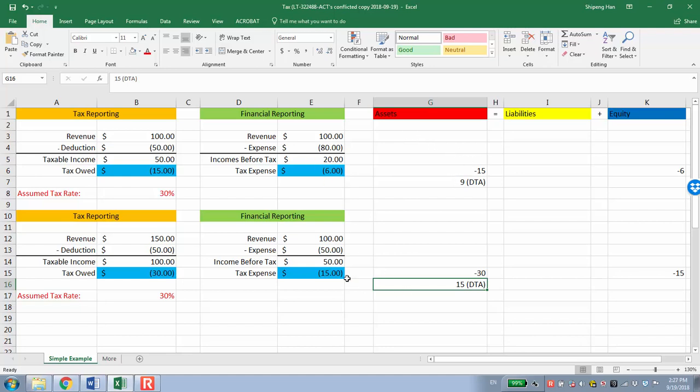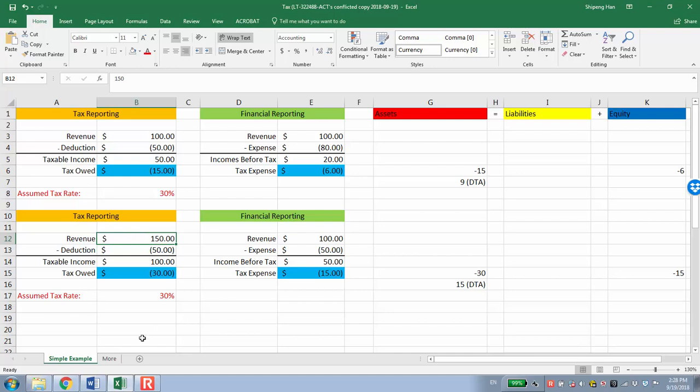They are the same because in both circumstances, taxable income is always greater than income before tax. And if we look further, we find one is the deduction is less than the expense. The other is the tax revenue is greater than the financial revenue.